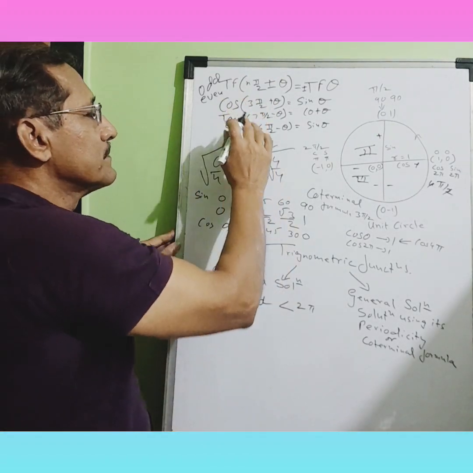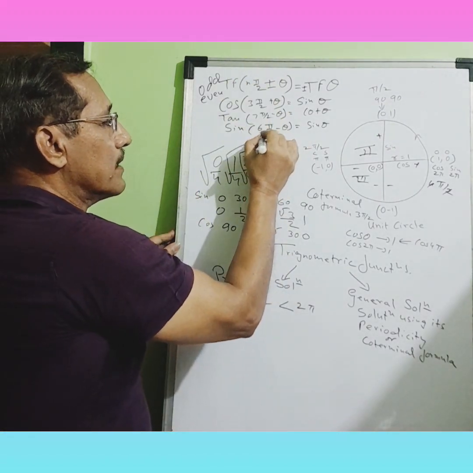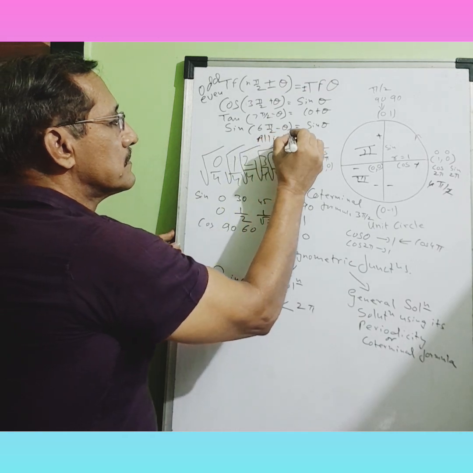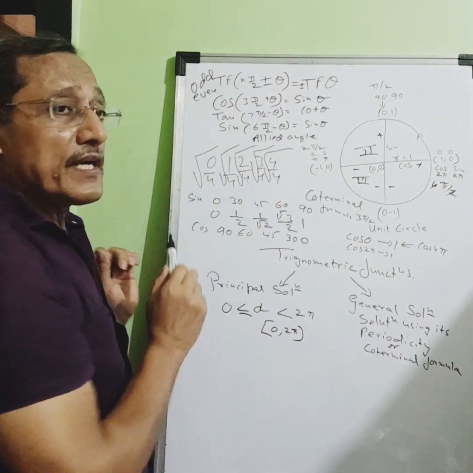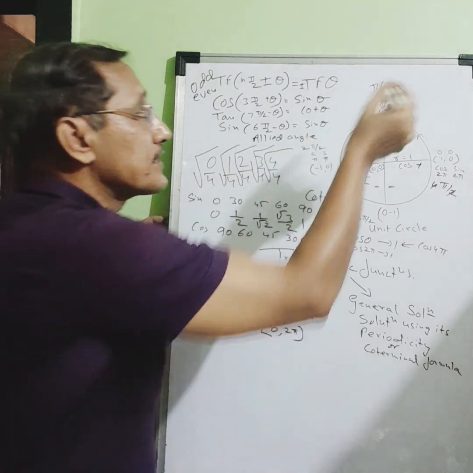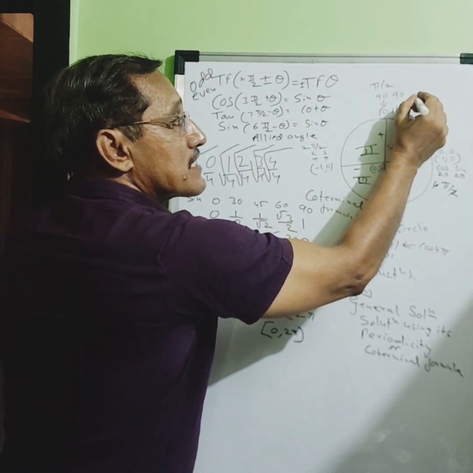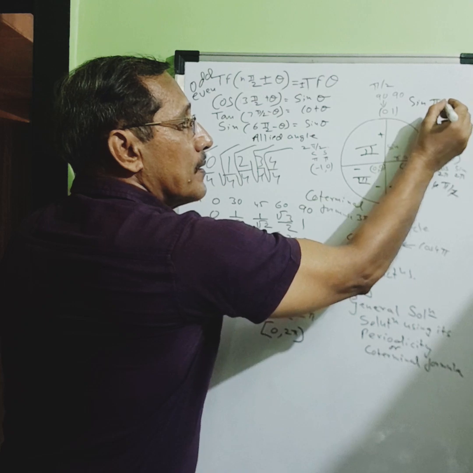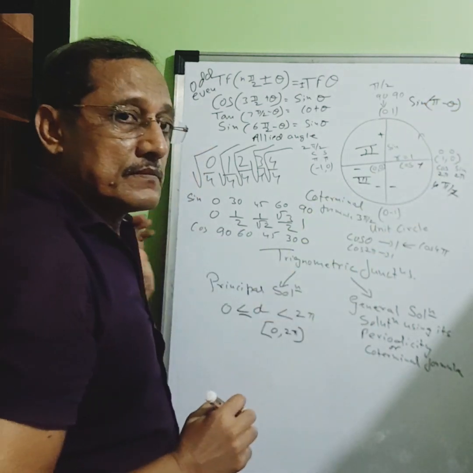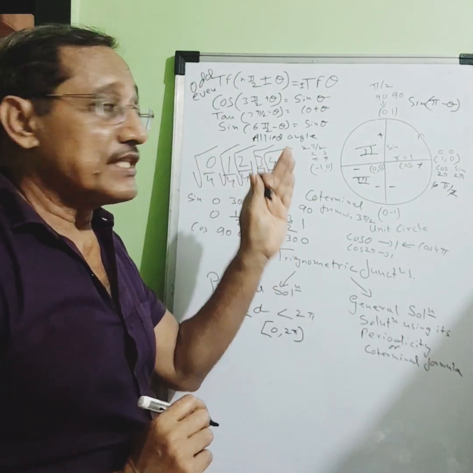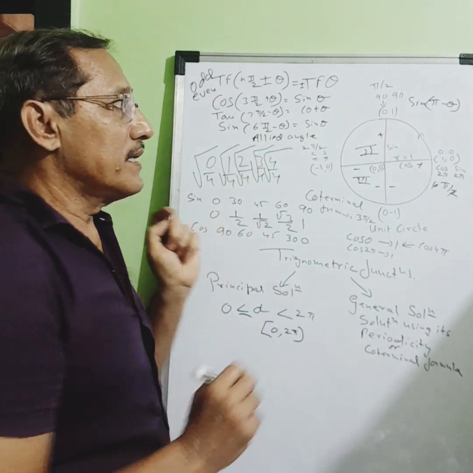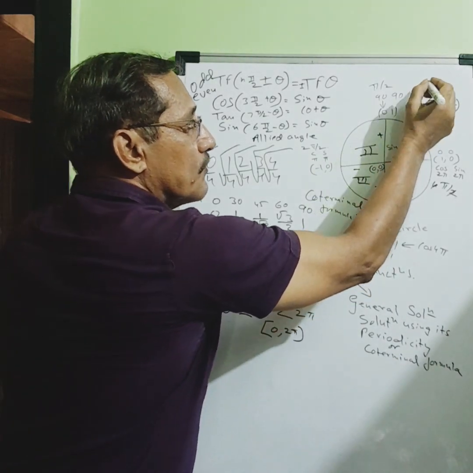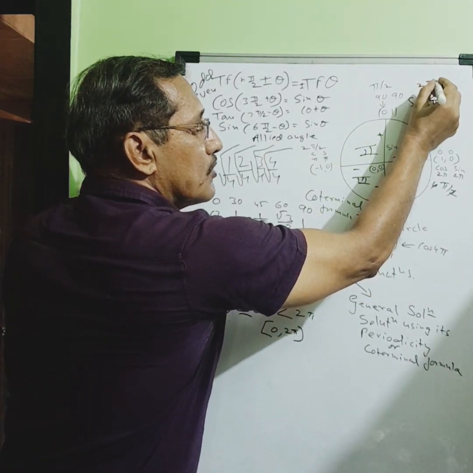Alright, so this is what is allied angle. Now you can jolly well ask me that it's okay, here we talk in terms of pi by 2, but what if it is given something like this? If it is given as sine pi minus theta. Now here it's the even case which would be applicable. Why? Because if you say pi, won't it be 2 pi by 2?